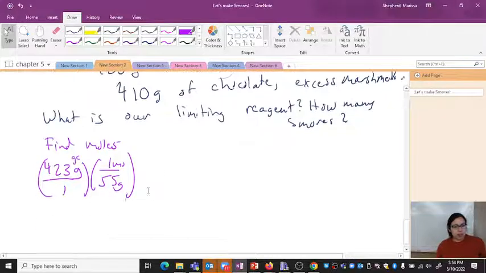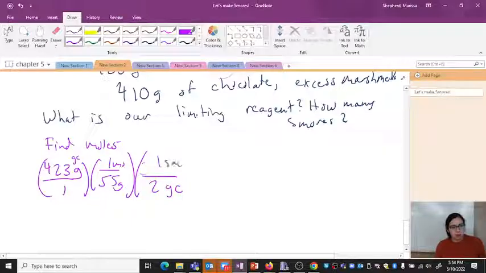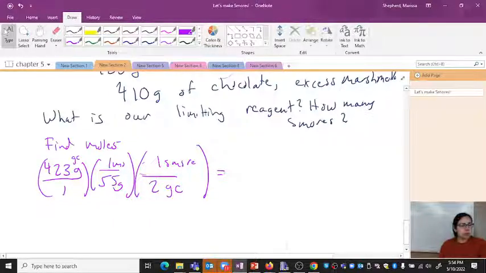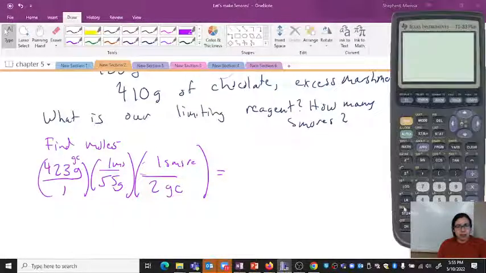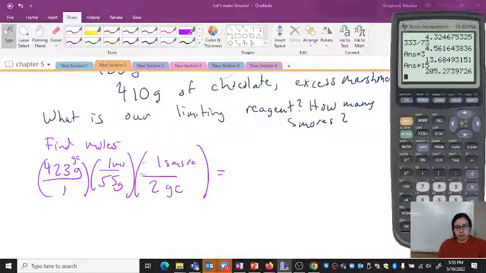And then we could set up our mole-mole ratio. For every 2 moles of graham crackers, we have 1 s'more. So we could set this up to give us moles of s'mores. So 423 divided by 55 divided by 2.